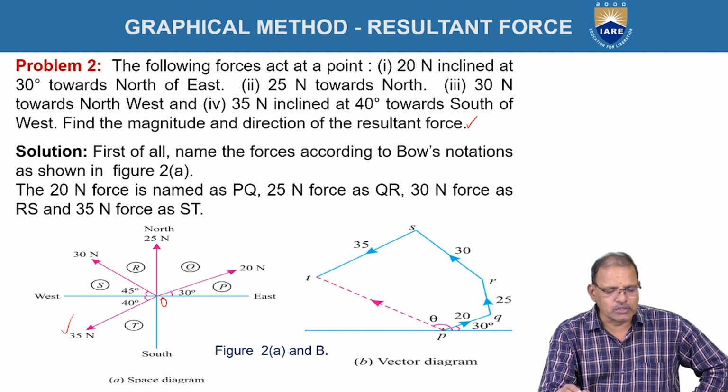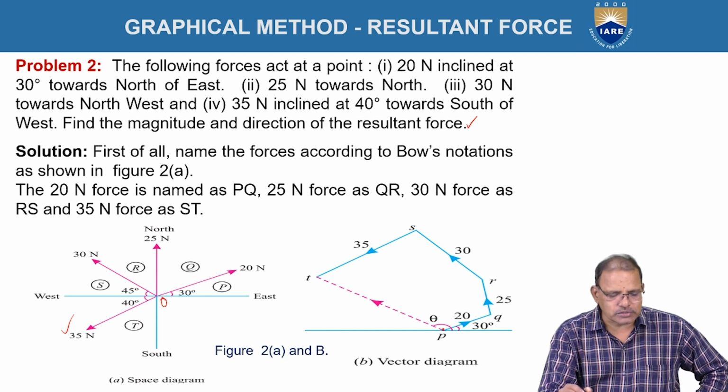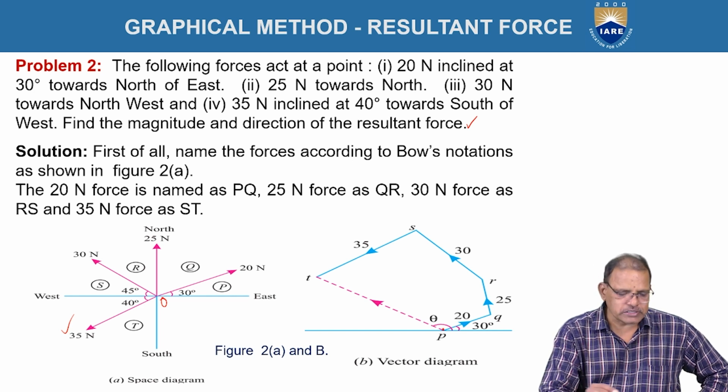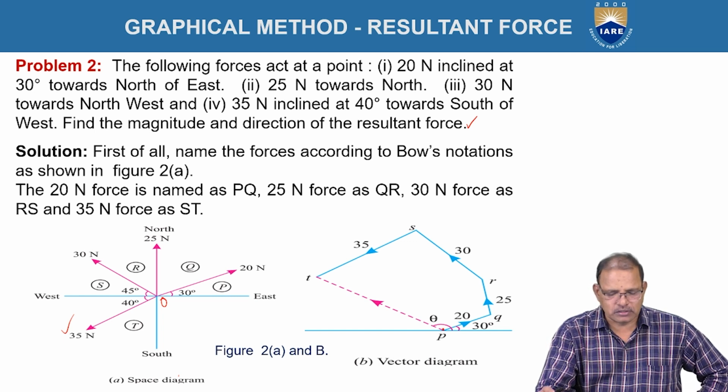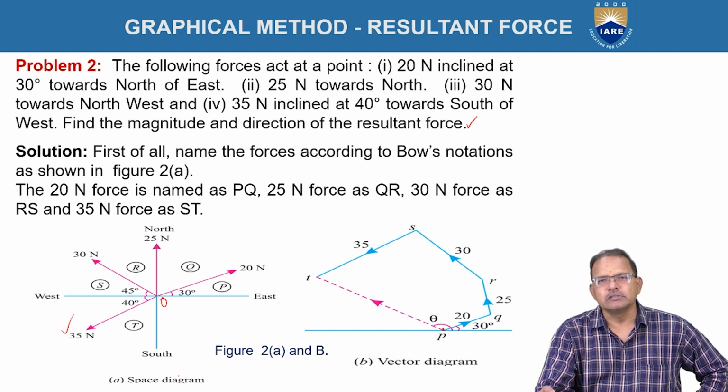So according to the given problem, represent the directions of the forces acting at point O as shown in figure 2A, that is the space diagram. By using the space diagram, draw the polygon of forces.